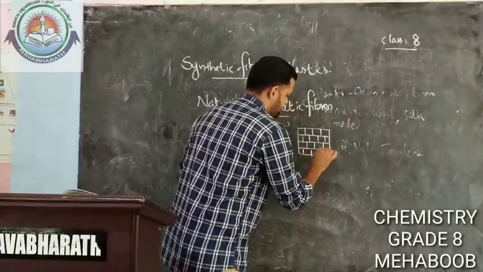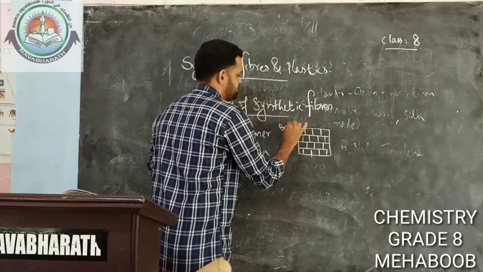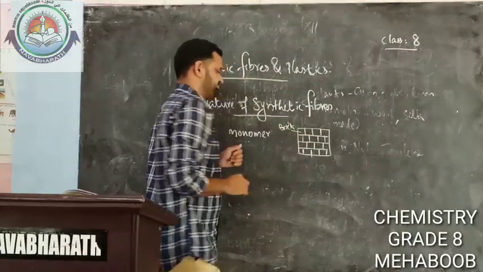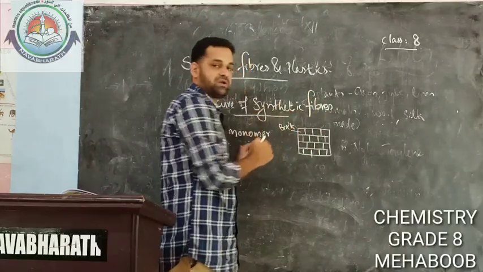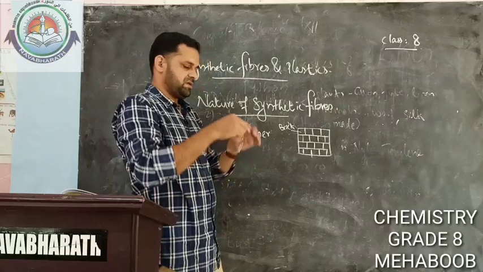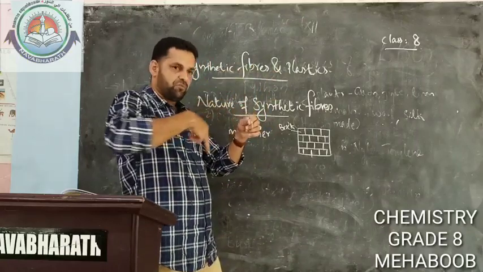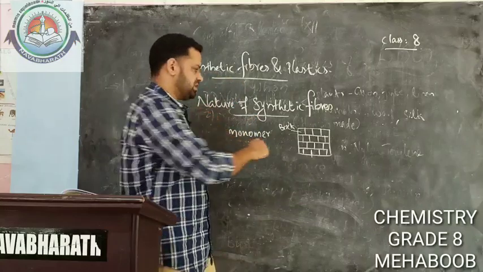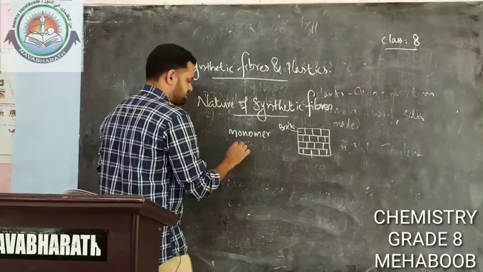Each single brick represents a single unit. So many bricks constitute a wall. In the same way, many smaller units form a large unit. Here, this is the large unit, and the large unit we call a polymer.